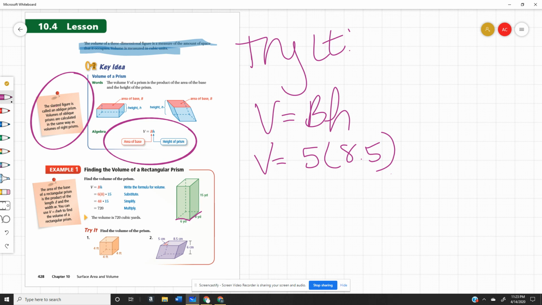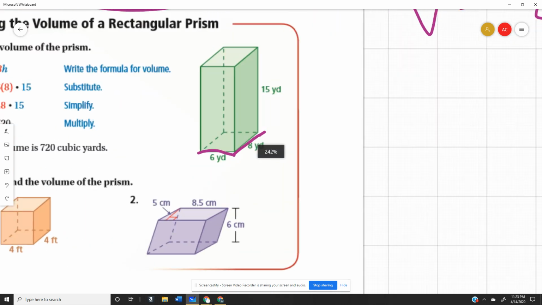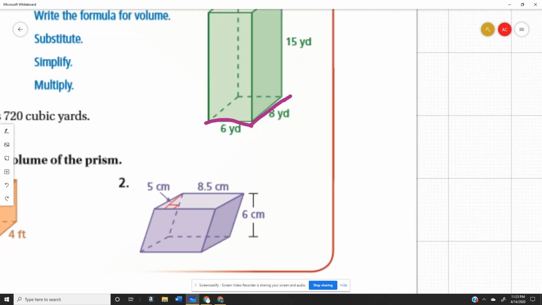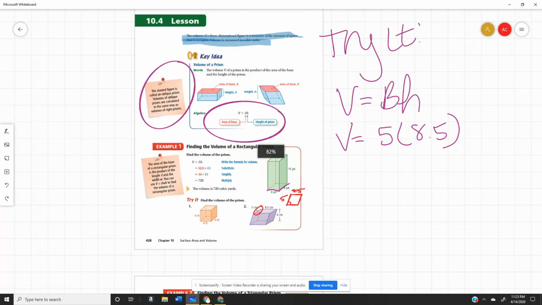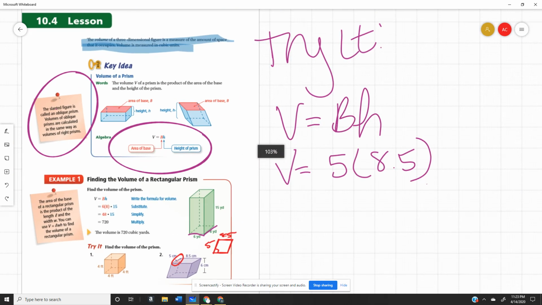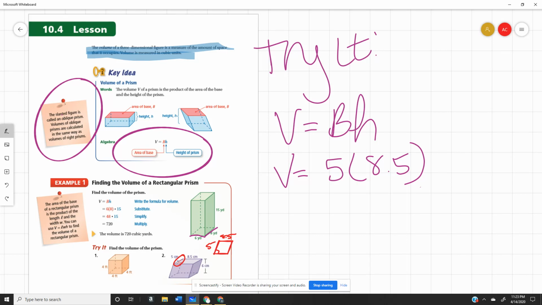If you look right here, let me zoom in and show you, it shows you this 5. That's kind of like the height of that rectangle. They're telling you that's 5 and that's 8.5. I know it's a little slanted, but that's all that's saying with that right triangle right there.